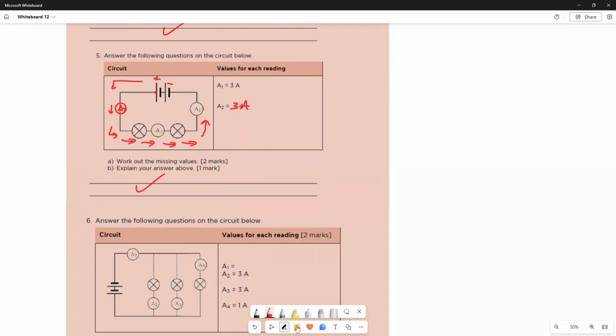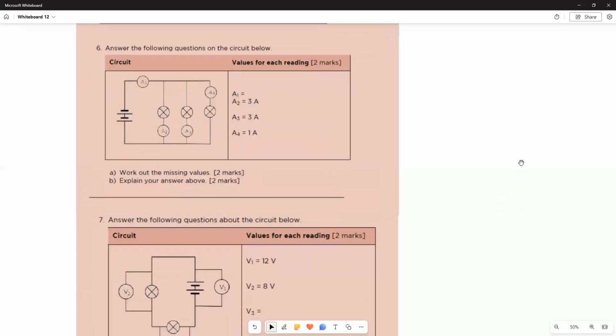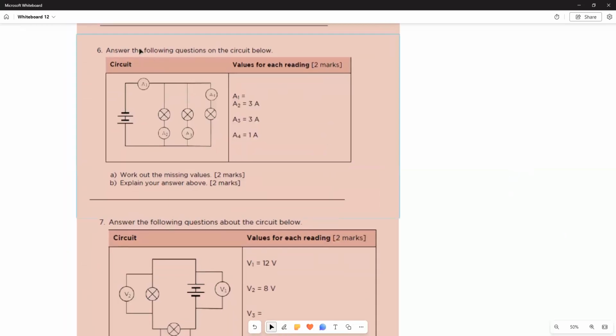Okay. Let's now go to question number 6. They say answer the following questions on the circuit below. Okay, sharp. So let's answer that question. The first most important thing is always to check how your current flows. So in this case, our current is flowing from here.